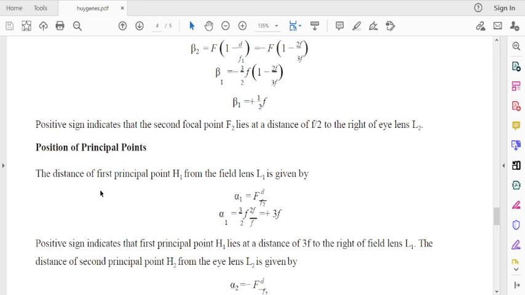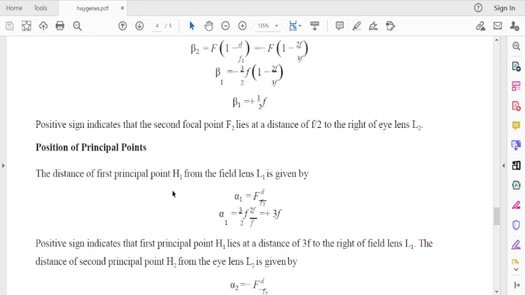What he says for the first principal point, H1, in the last lecture we have nomenclatured it as P1 also.